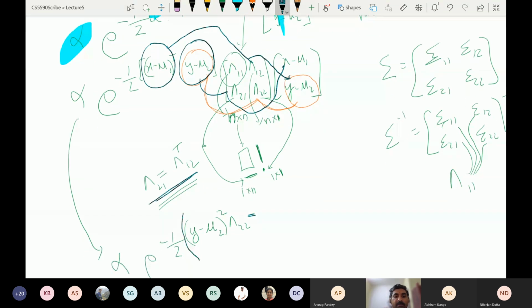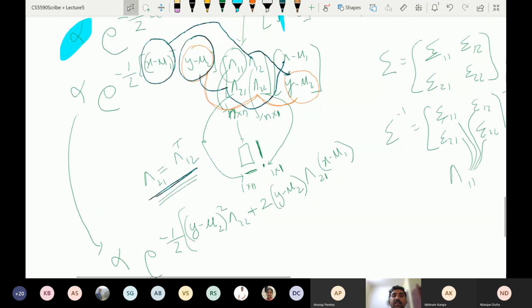If I take half common, I'll basically get minus or plus, right? Plus 2 times y minus mu 2 times lambda 2 1 times x minus mu 1, right? So everybody is clear till here? So it's like a square plus 2ab, correct?